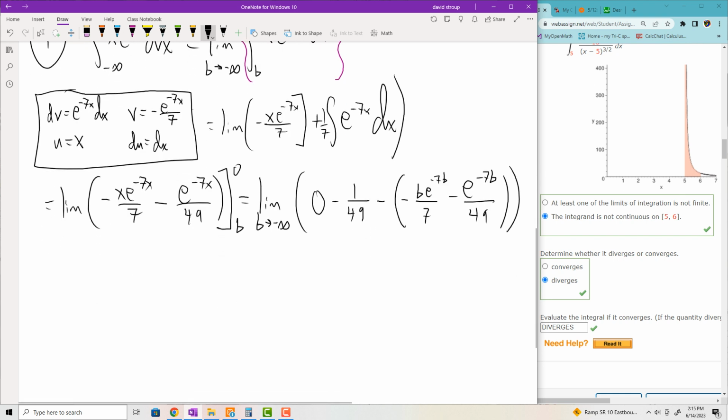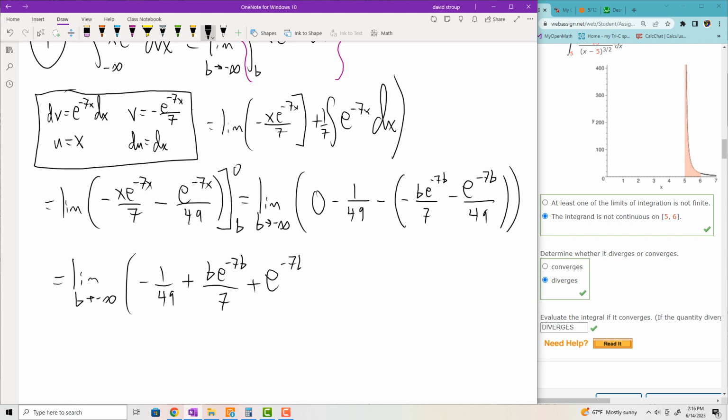And then we can simplify and clean it up a little bit and see what we get. So the limit as b goes to negative infinity of negative 1 over 49, distribute the negative, plus b e^(-7b) all over 7, plus e^(-7b) all over 49.